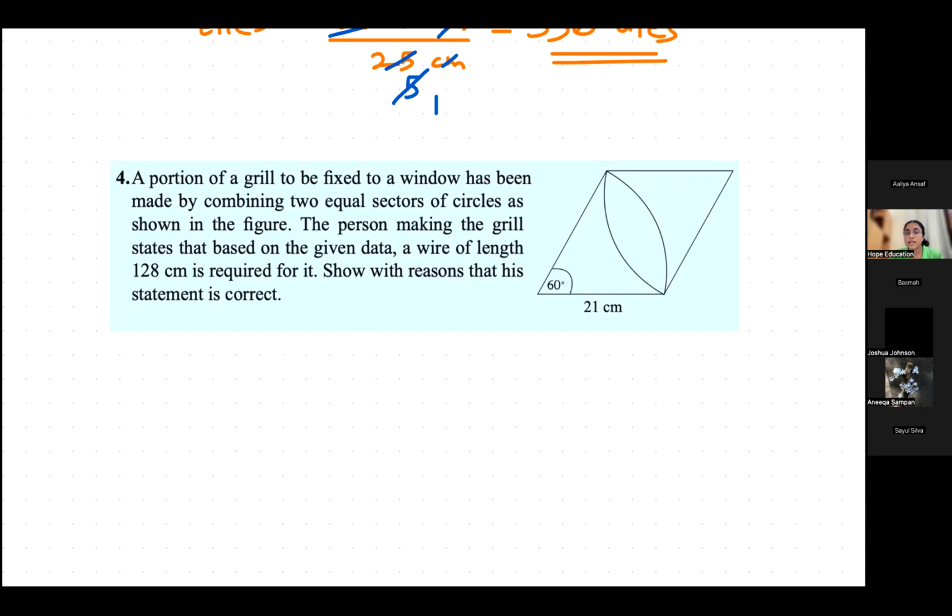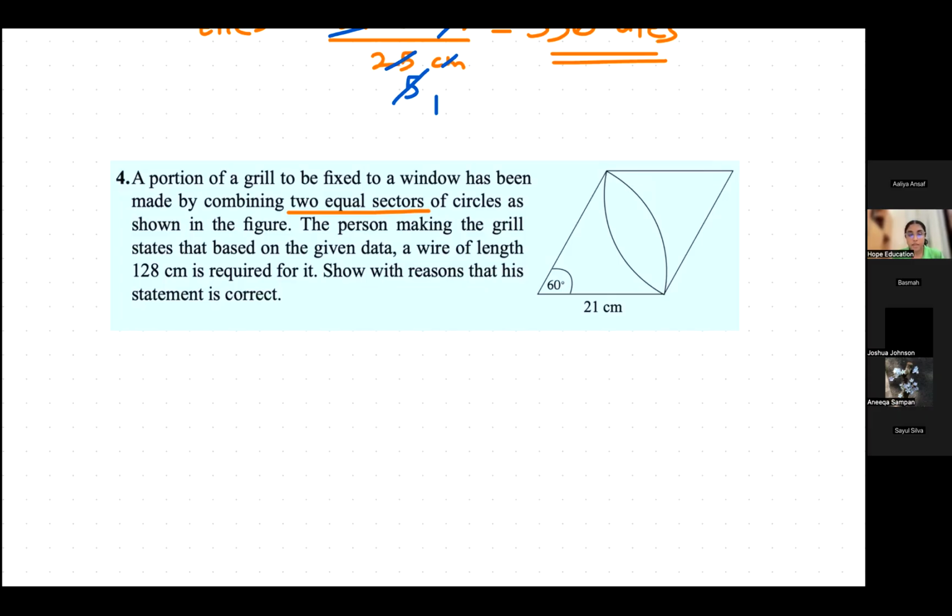These are two equal sectors of circles. Since both are equal sectors, if I find the perimeter of one sector and multiply it by 2, I get the perimeter of both the sectors, right? So this is how I will do it.